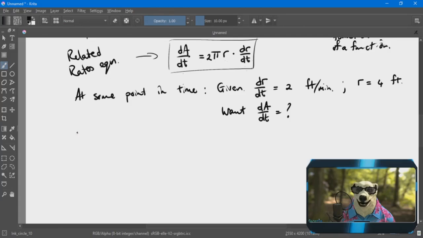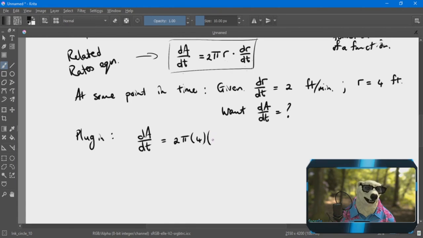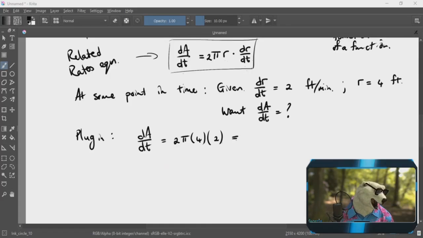Now we just plug in the numbers, and we have that the rate of change of the area at this point in time is 2 times pi times 4 times 2. Get out your calculator, find the answer.